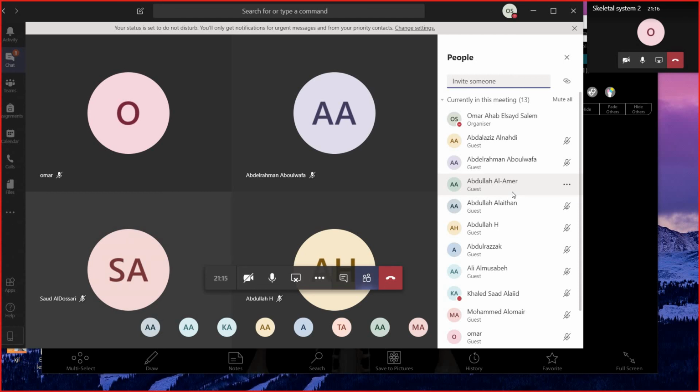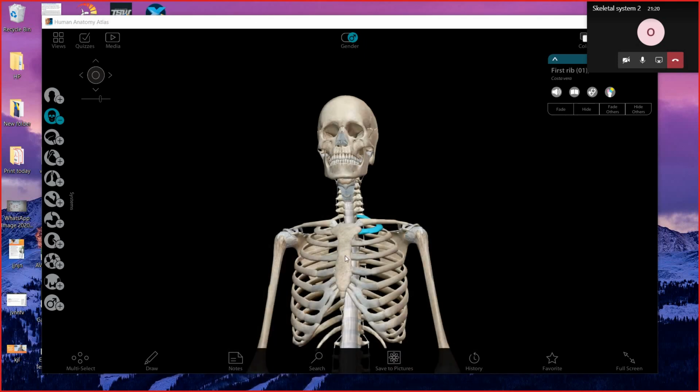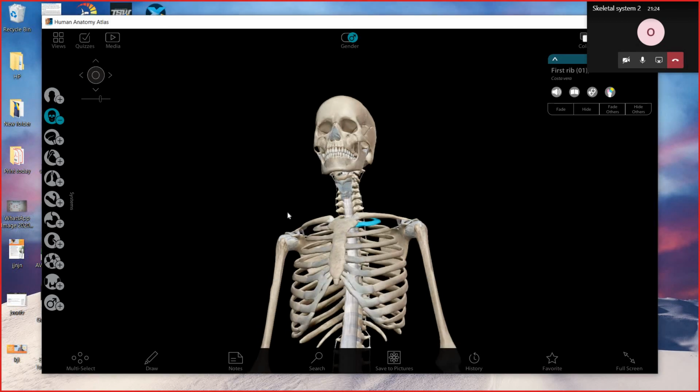Why do we say 12 pairs? Because they are the same for both sides. So here 12 and here 12. If you can see here, this is very important.